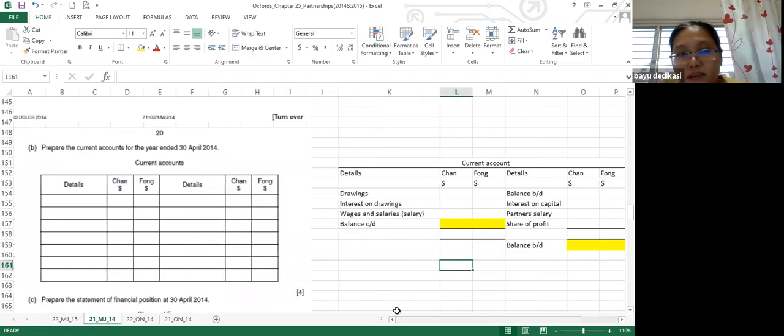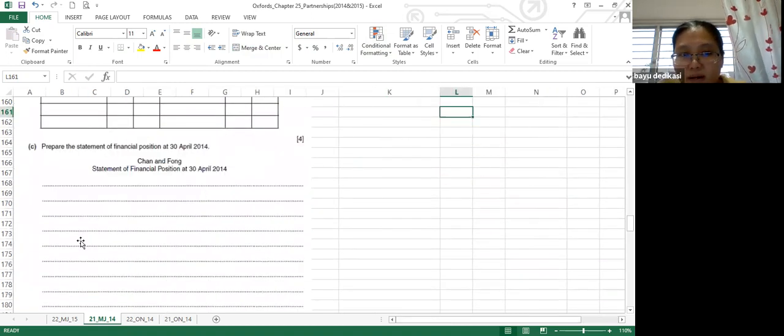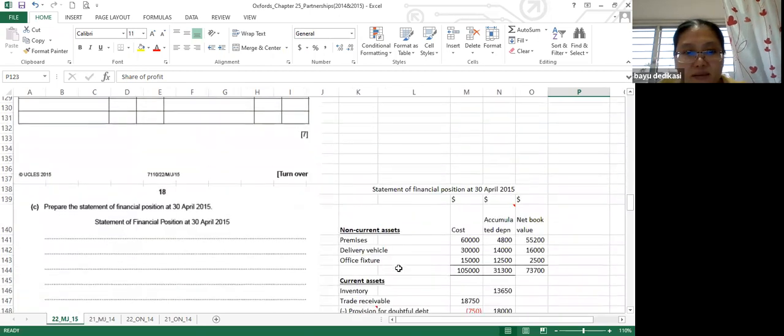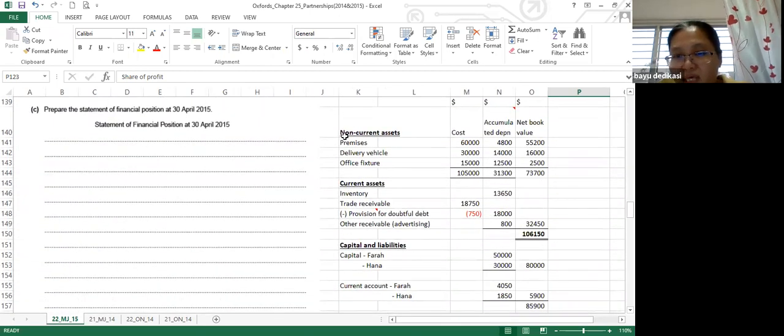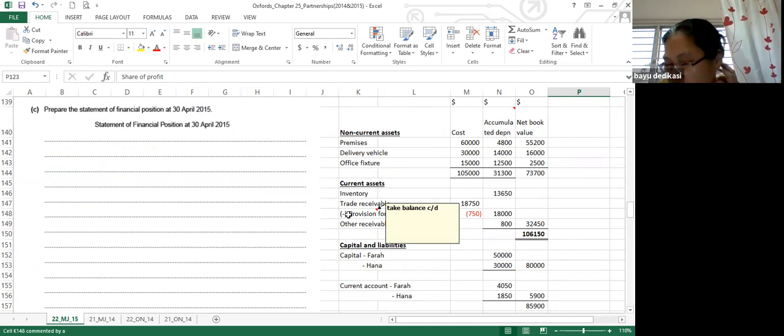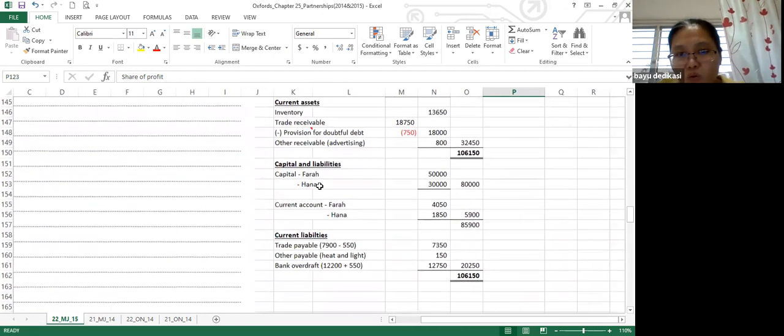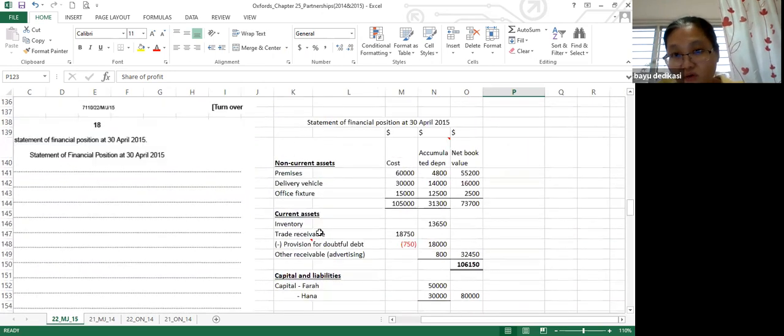Okay, the next one, they ask for preparing the statement of financial position. To prepare the statement of financial position, use the format given in here and some of the notes that I already put in here, which I want you to take note of. I want you to prepare according to this format.